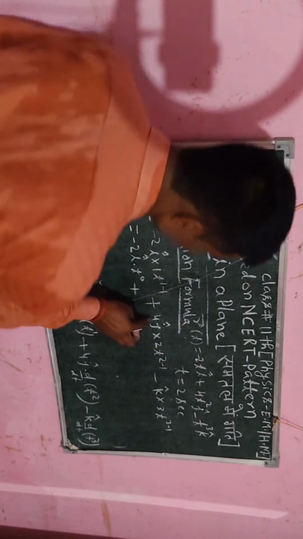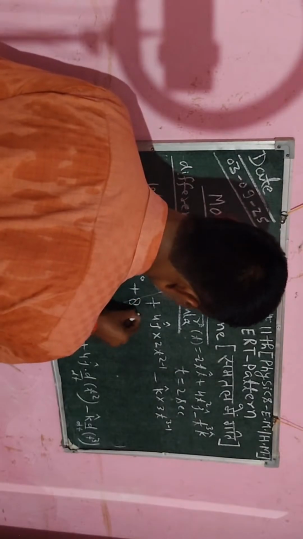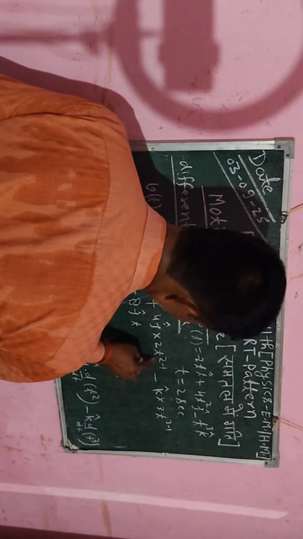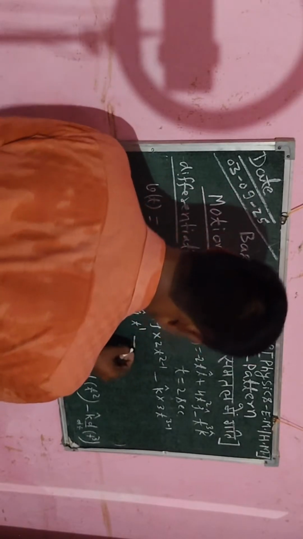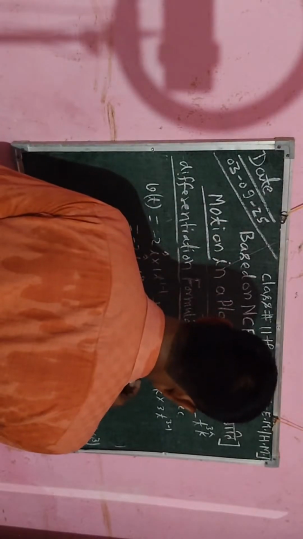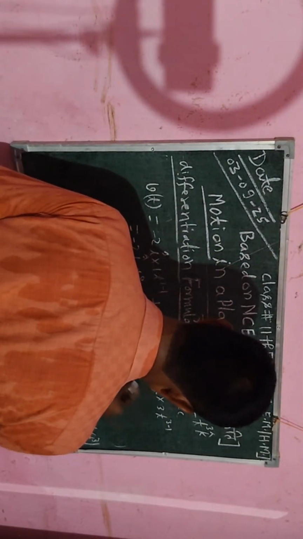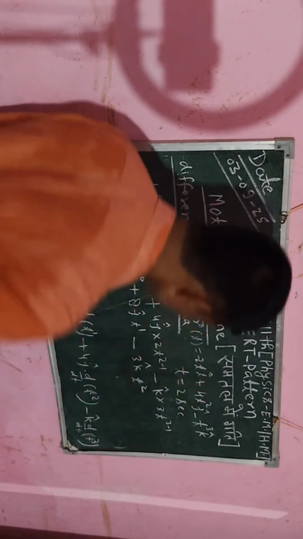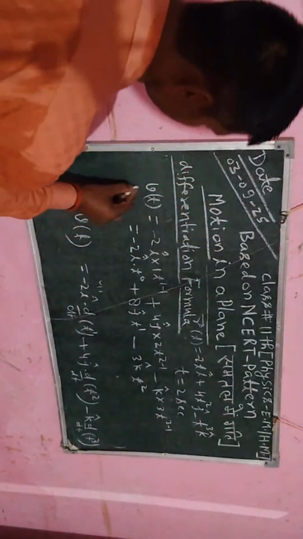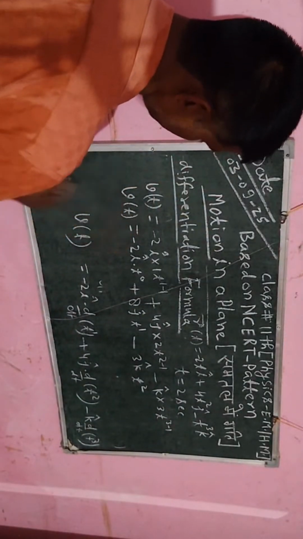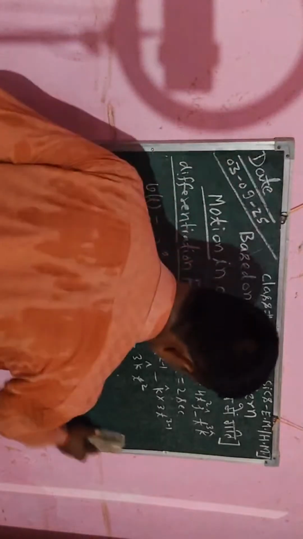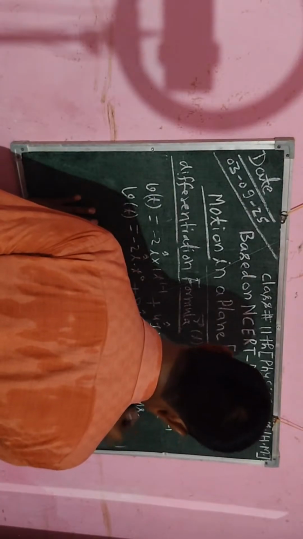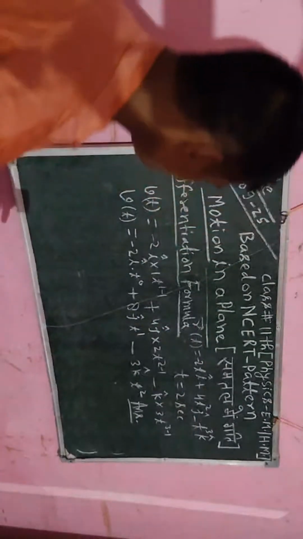Similarly, 4 into 2 is 8, so here I will write 8 vector j cap, and t to the power 2 minus 1, that will be 1, and here 3 vector k cap, and then t to the power 3 minus 1, that will be 2. So the value of dt I have obtained here. I will say this is the answer of my question.